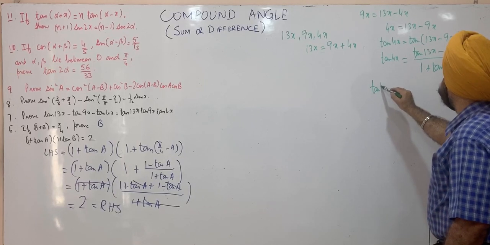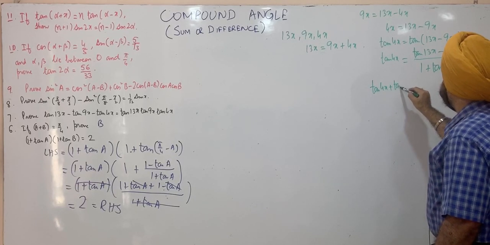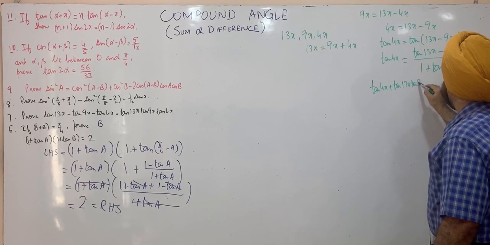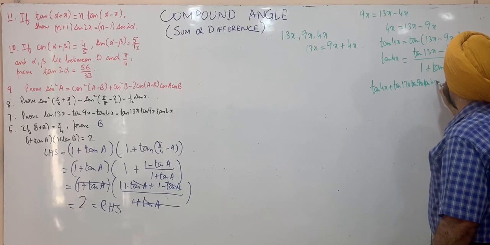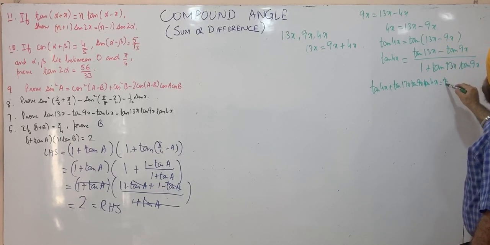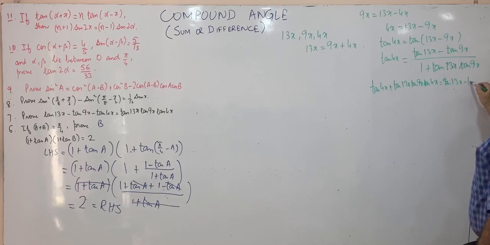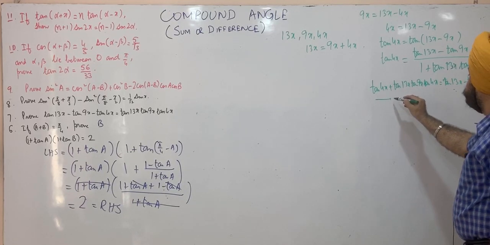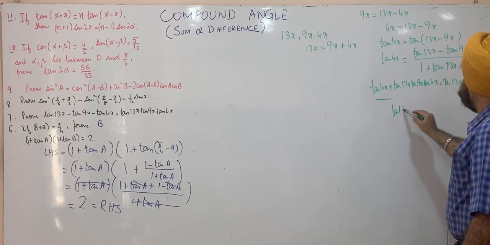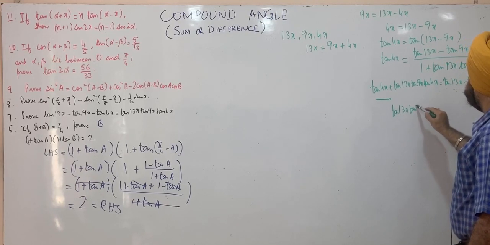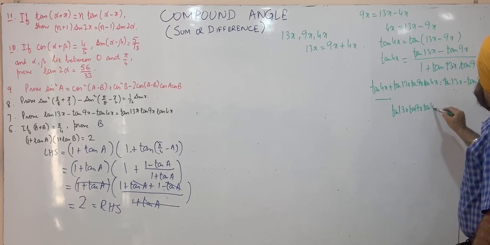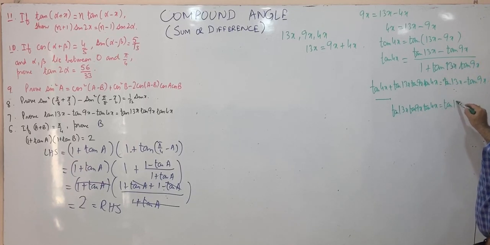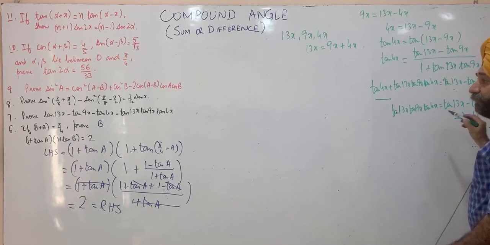Tan 4x into 1 plus tan 13x into tan 9x, so tan 4x plus tan 13x into tan 9x into tan 4x is equal to tan of 13x minus tan of 9x. Shift this term to the right hand side. We have tan 13x into tan 9x into tan 4x equal to tan 13x minus tan 9x minus tan 4x. This is what we wanted.